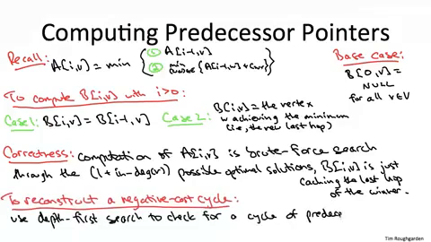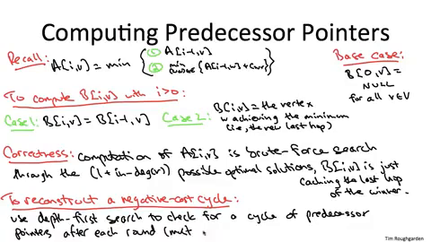It turns out you can solve the reconstruction problem for negative cost cycles as well using the Bellman-Ford algorithm and predecessor pointers in exactly the way we've been maintaining them here. I'm not going to talk through all of the details of this solution. I'll leave it to you as a somewhat non-trivial exercise to think through how this really works. But the gist is as follows. You run the Bellman-Ford algorithm, you maintain predecessor pointers as on this slide.